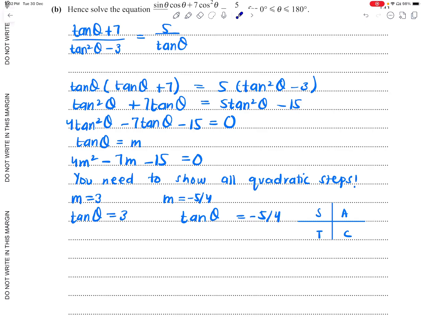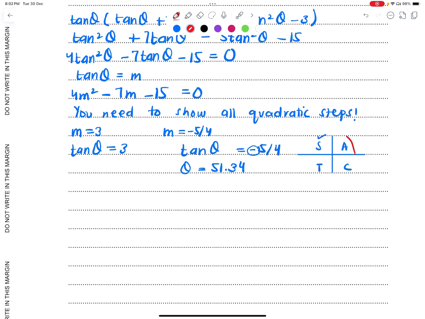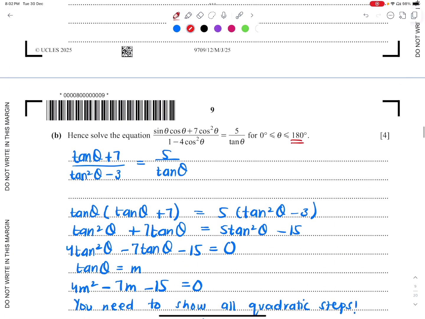Anyways, so if I do tan inverse of 5 by 4, positive 5 by 4, that will leave you with 51.34. But remember, you need the quadrant where tan is negative. Tan is going to be negative in this quadrant. And remember, you can only go till here because your domain is limited to 180 degrees.